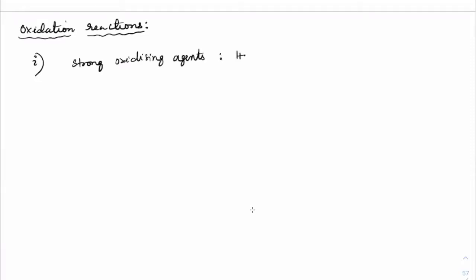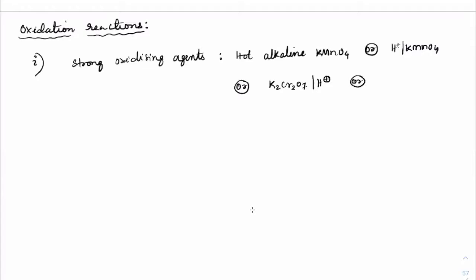If you take hot alkaline KMnO4, or acidic KMnO4, or K2Cr2O7 in acidic medium, or hot and concentrated HNO3, these are very, very strong oxidizing agents. They will break the double bond very easily and further reaction will take place.